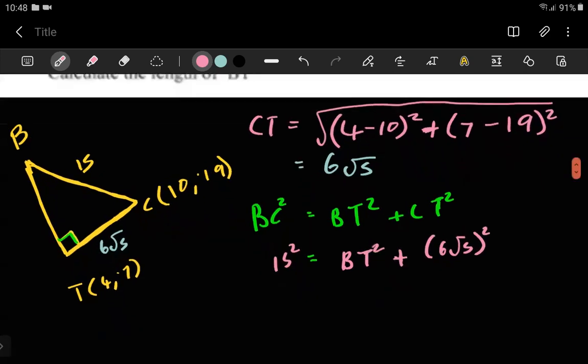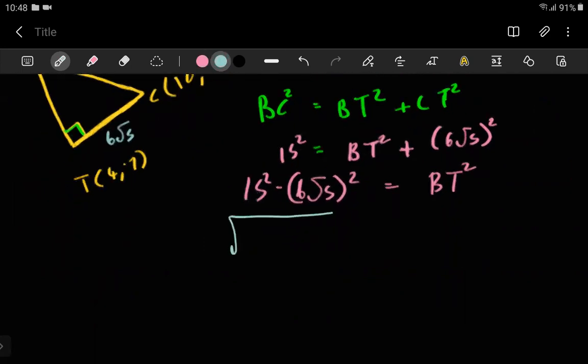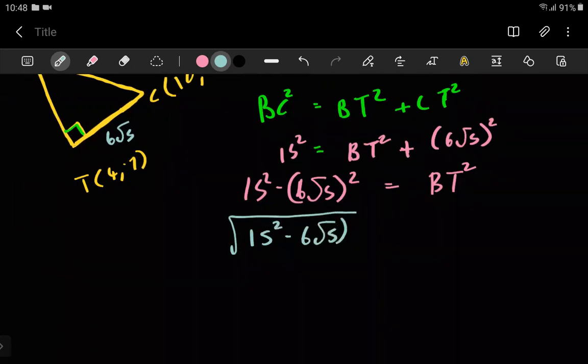Since we want BT, we put these on the left on their own, and BT here. And then let's put everything in the calculator.